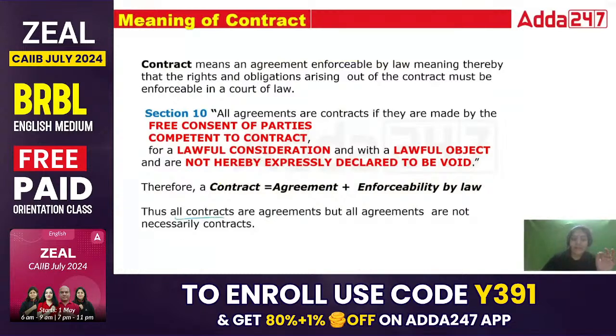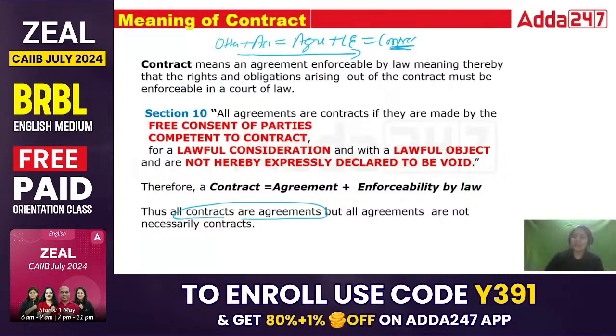All contracts are agreements. Why, class? Because we know the formula of contract now. Offer plus acceptance is equal to agreement; agreement plus law enforceability is equal to contract. So if I'm saying contract, it comes in this formula. So all contracts are agreements, yes.